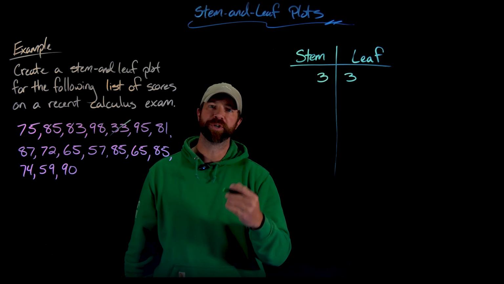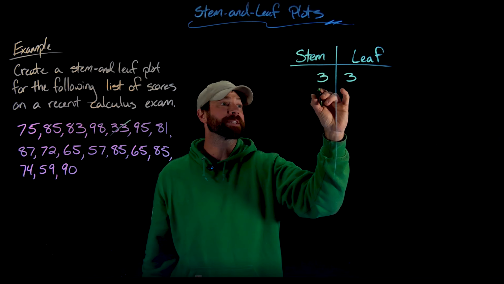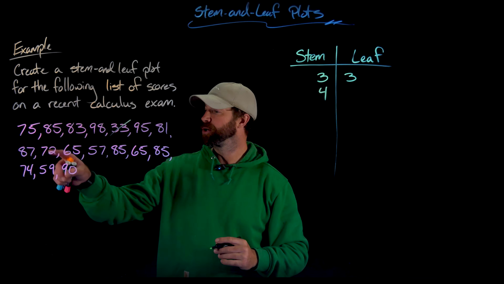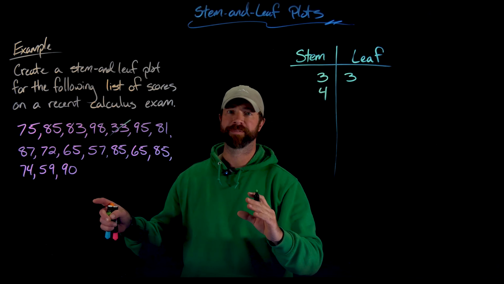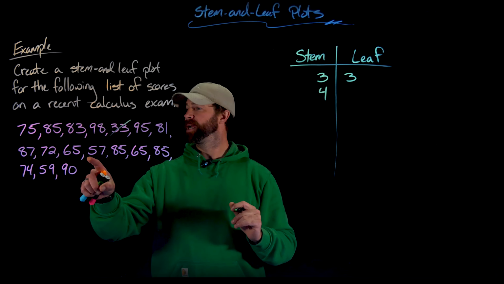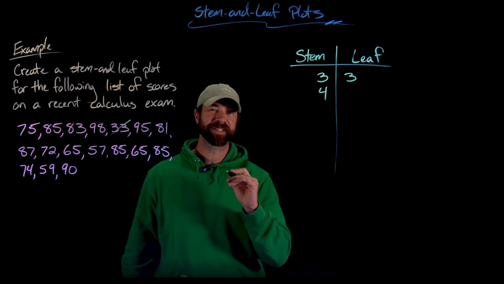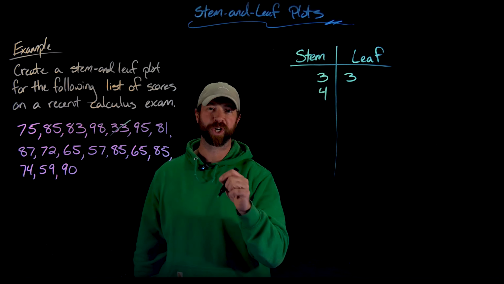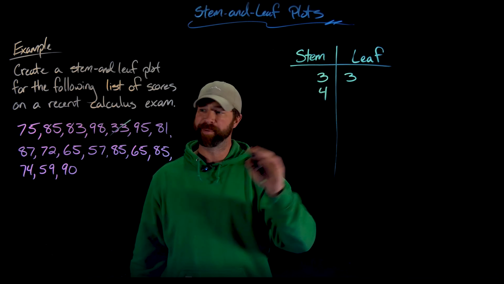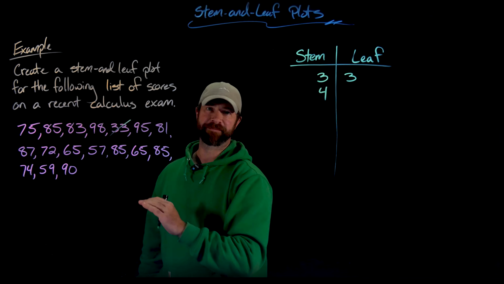Very naturally, we would then look at the next category, the 40s. I'm looking for what numbers are in the 40s, and as I look through this list, there aren't any in the 40s, but we do have a 50 right here. We have 57 and we have 59. And this could represent the only confusion: what do we do if we have multiple numbers that have the same stem? In this case, they're in their 50s, but we have a 57 and a 59.